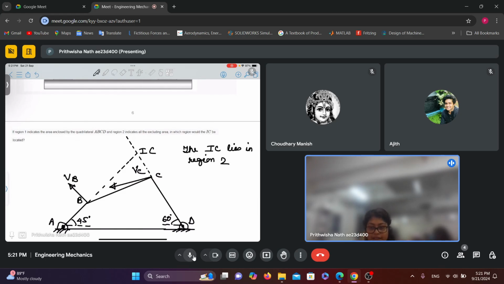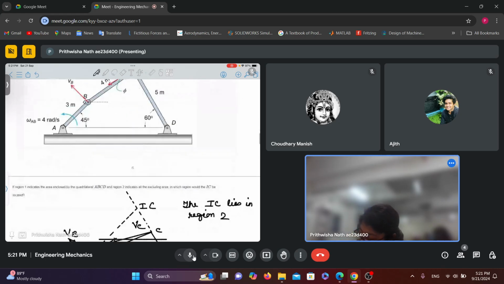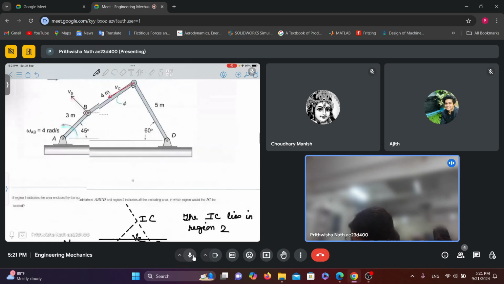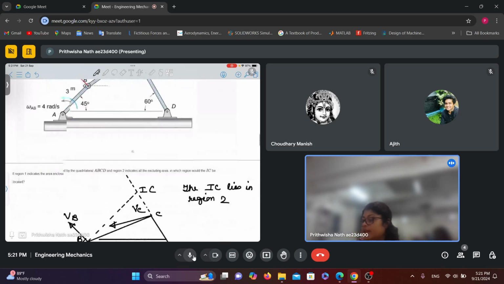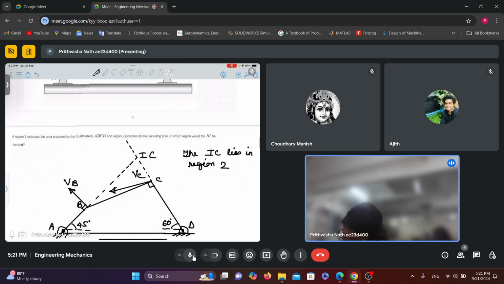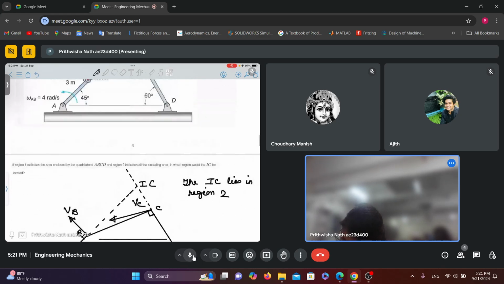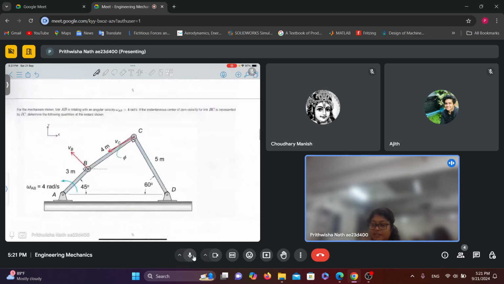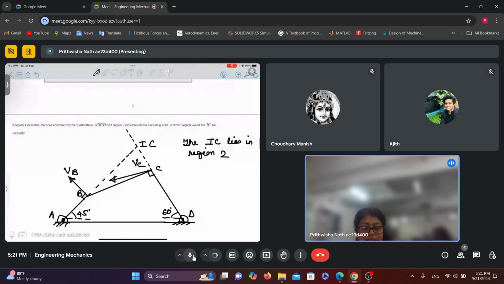Is there any doubt regarding this? See, because this is perpendicular to this line, and this is perpendicular to this line, what I did is we extended the lines, and the point where they meet is the IC for this link, the IC for the link BC. Is there any doubt regarding this thing?